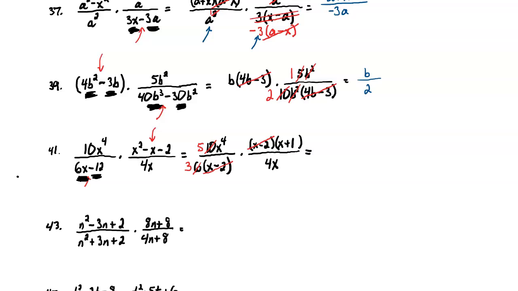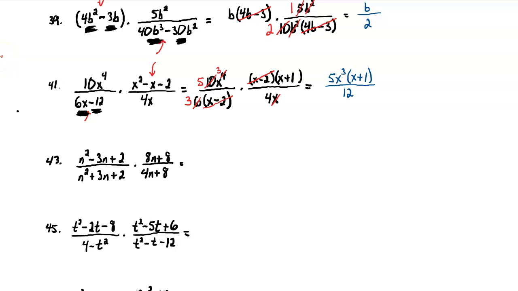The single x that's in the bottom can be used to cancel one of these x's away, creating the new exponent of 3. The final answer is 5x to the third power, parenthesis, x plus 1, over, and in the bottom it looks like there's a 3 and then later a times 4. That makes 12.